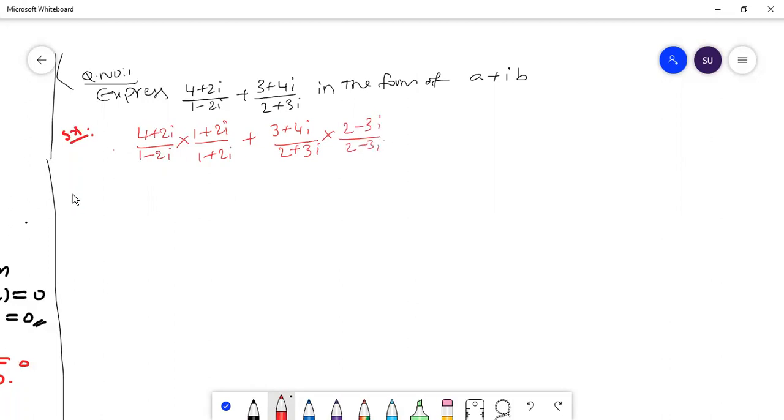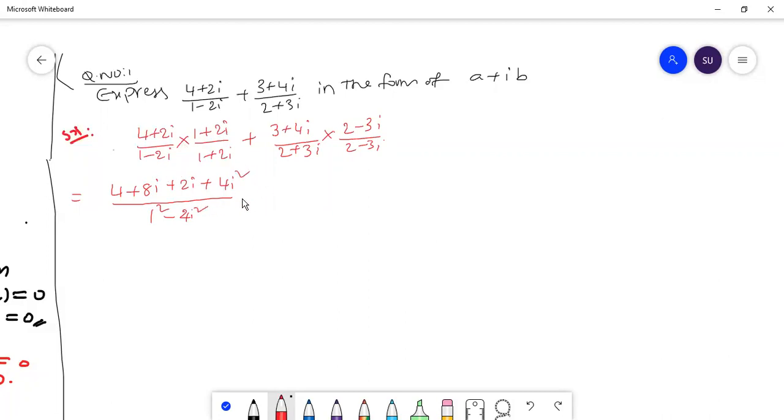Now multiply the numerator directly: 4 into 1 is 4, 4 into 2i is 8i, plus 2i, plus 4i square, divided by the denominator, which is of the form (a plus b) into (a minus b), that is a square minus b square: 1 square minus (2i) whole square, and (2i) whole square is 4i square.